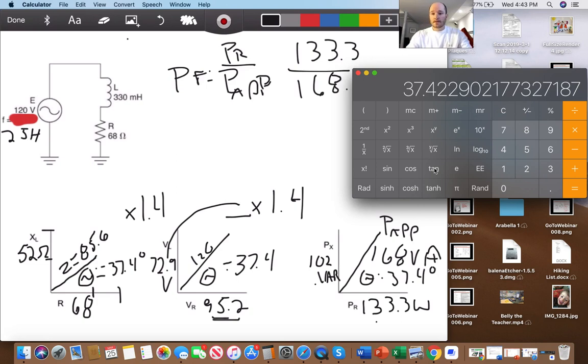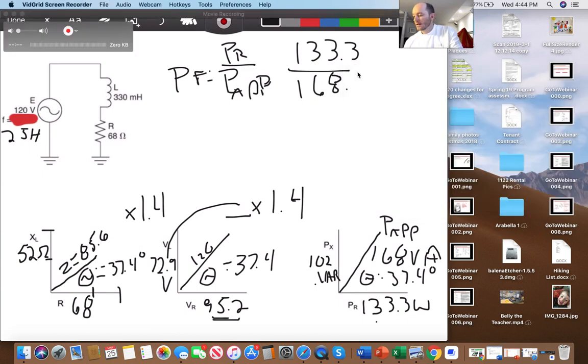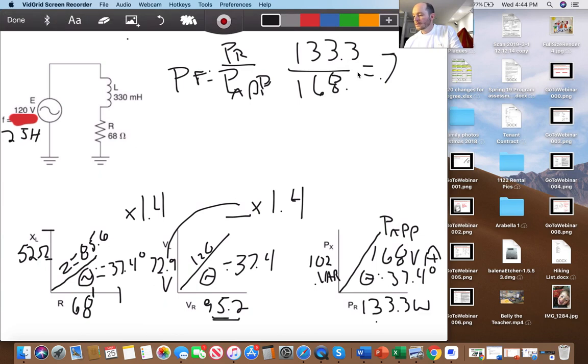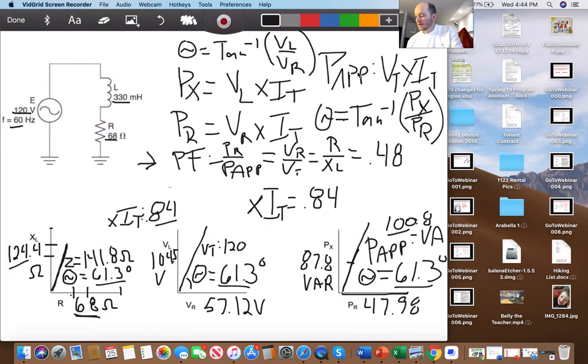So 133.3 divided by 168 equals 0.79. So my power factor here equals 0.79, which before equaled 0.48.